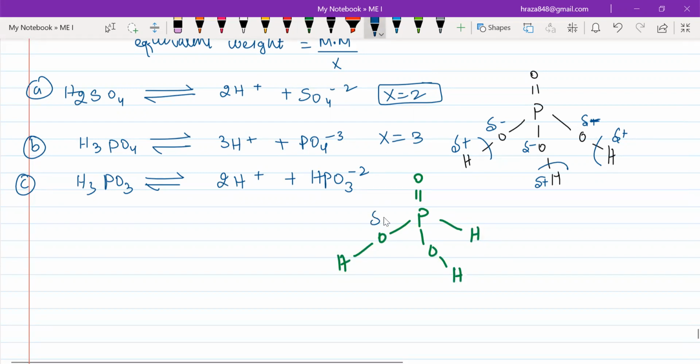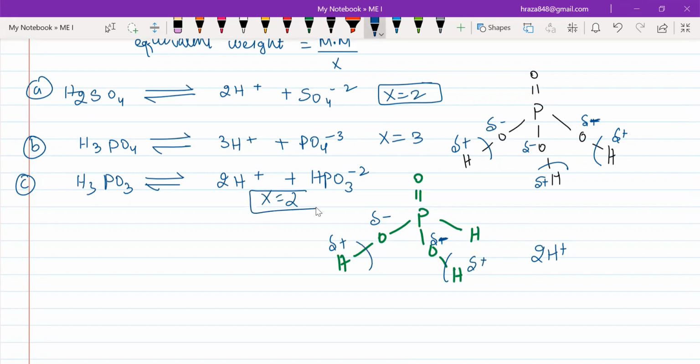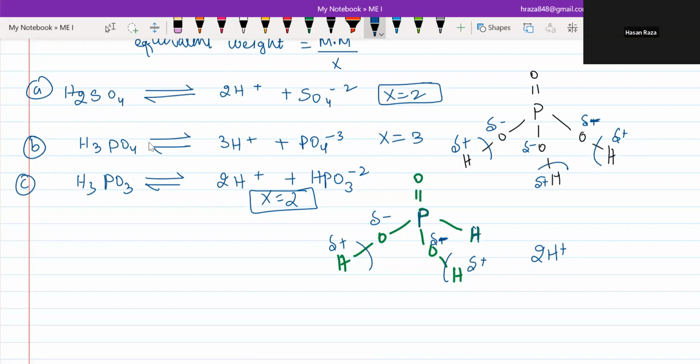Now we have two OH bonds, so this is negative and this is positive. This will be dissociated and it will give you only 2H plus. That's why x here will be 2. The electronegativity difference between phosphorus and hydrogen is not that much. The bond is not that polar. That's why this hydrogen will not be dissociated.